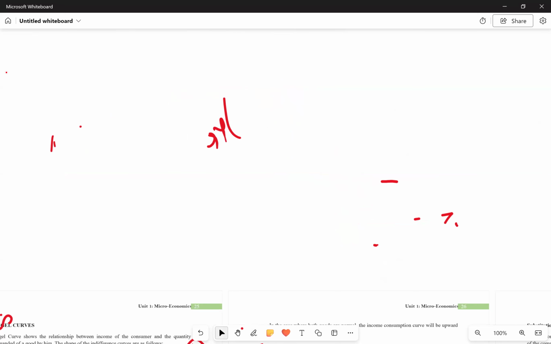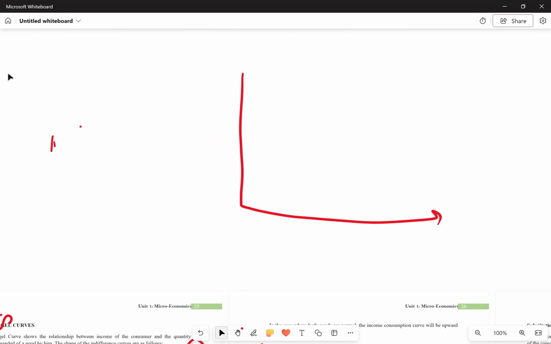Okay, now let's see another case. This is the x-axis, good x, and y is the y-axis. We have indifference curve 1, where we are consuming x1 level of good x and y1 level of good y.